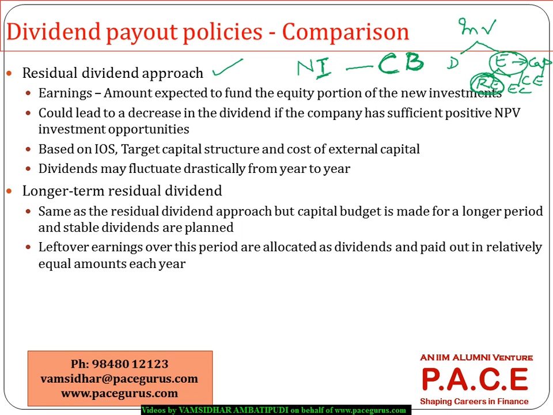Whereas if the investment opportunities are much lesser, it can declare more and more in the form of dividend. So there is again a possibility of very high volatility, but it is very simple to operate. On the positive side, I'm retaining whatever capital is required for the growth of my business, and whatever is left, I'll declare in the form of a dividend.